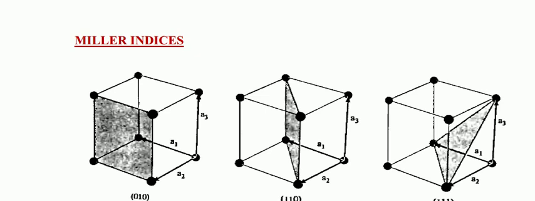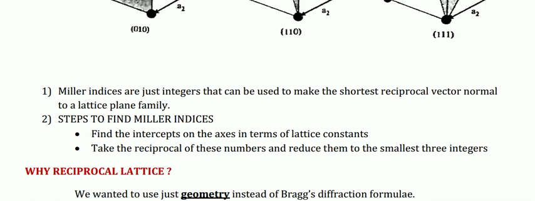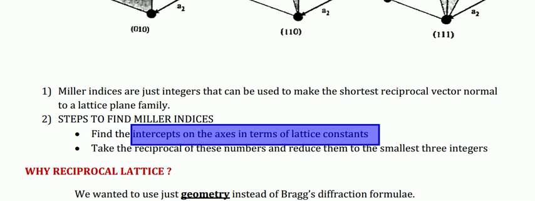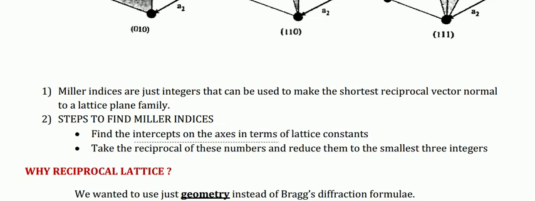So what are the steps for Miller indices? Okay, so here are the things that you need to do to calculate the Miller indices. The steps I have mentioned here. Okay, so find the intercepts at which the plane is coinciding with the axes, and then take the reciprocal of these values.